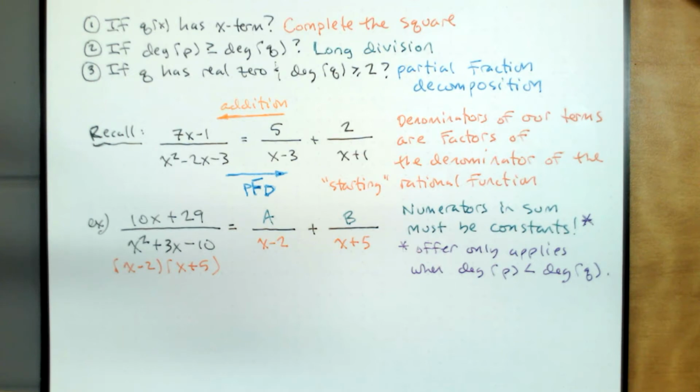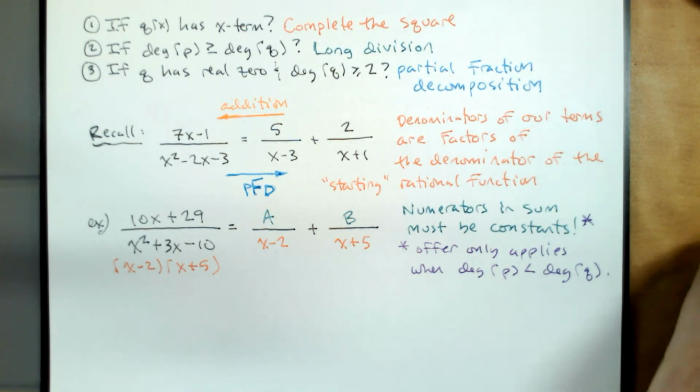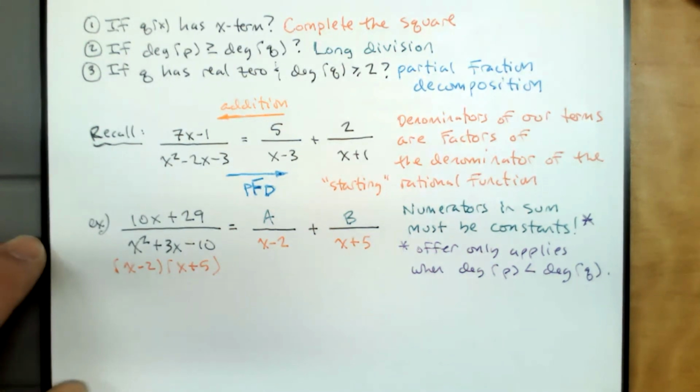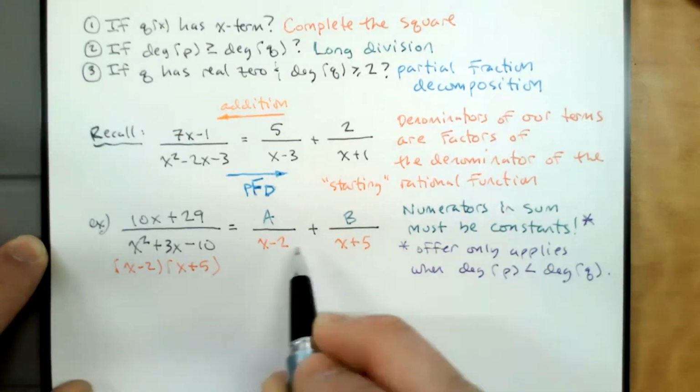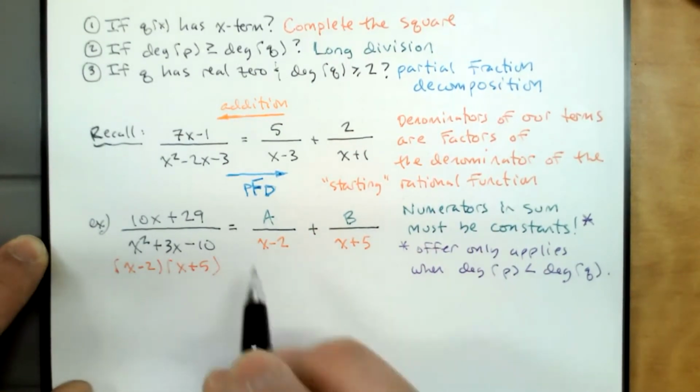So the numerators in the sum must be constants. Now all we have to do is figure out what those constants are. Let's do the traditional route first rather than the shortcut. We're going to add these fractions and then equate coefficients.